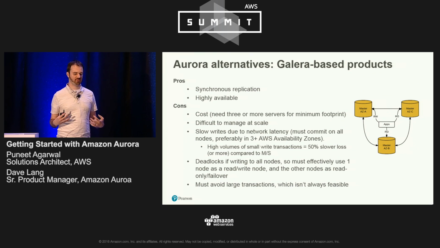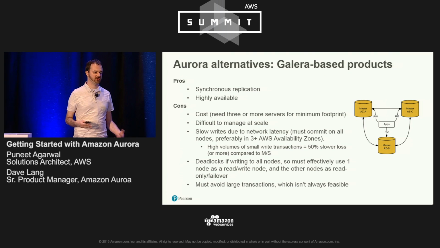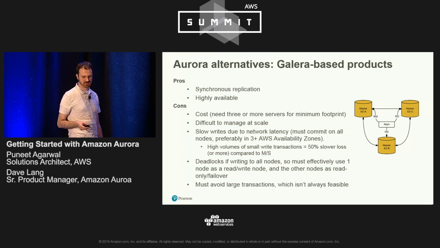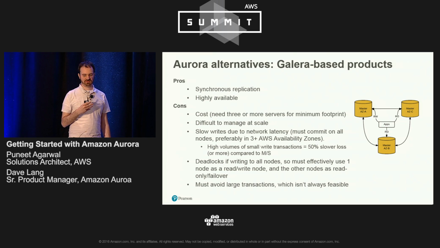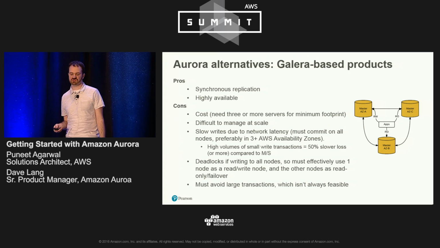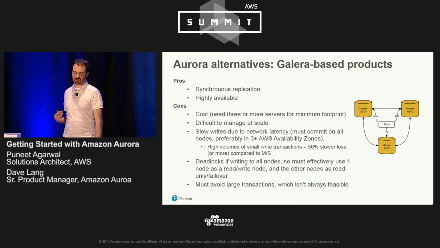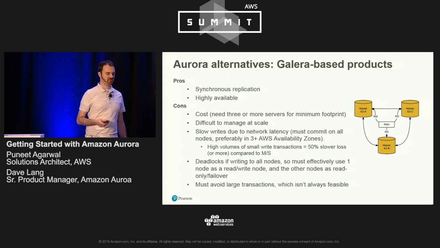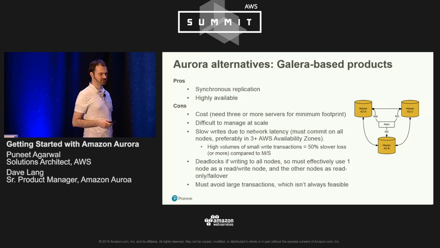Wiring these things together is a pain, and performance of these things is not great. You're only as fast as your slowest server plus network latency when you're in a Galera cluster. And the serialized nature of the way the transactions are committed means that you really have to avoid large transactions, which isn't always feasible in every app stack. So, I'd say management, logistics, and performance make Galera-based technologies a little bit tedious.